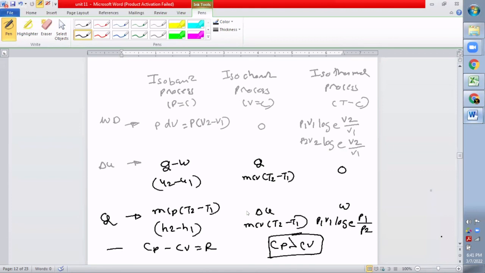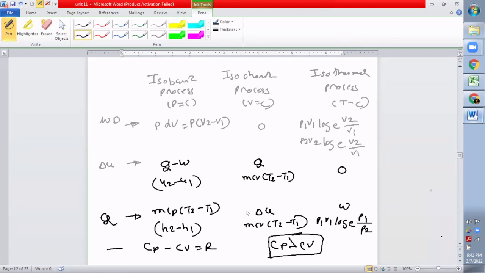We started to apply the first law to the closed system, Q is equal to del U plus W, and we derived the three basic terms for three different processes: constant volume, constant pressure, and constant temperature. We tried to understand what the work done, del U and Q are in each process.